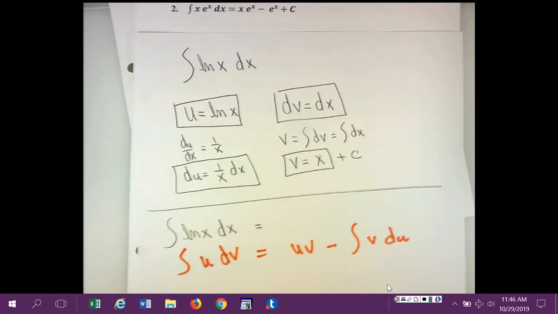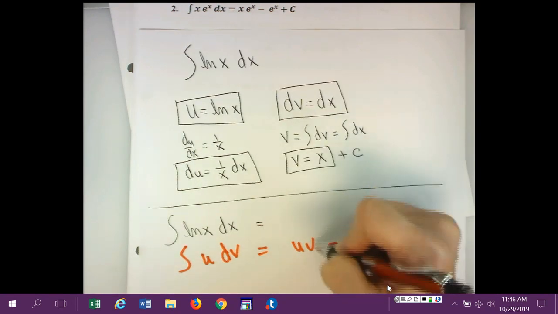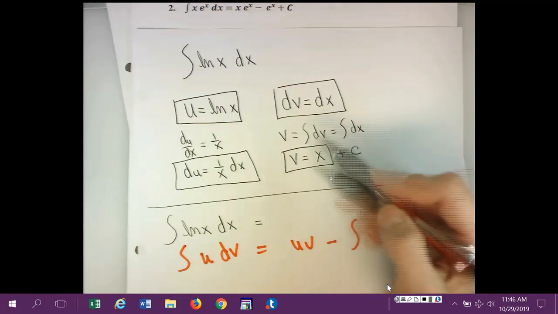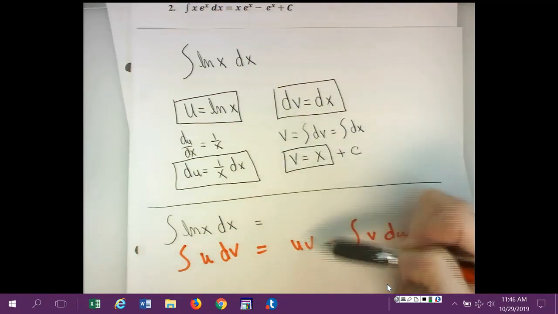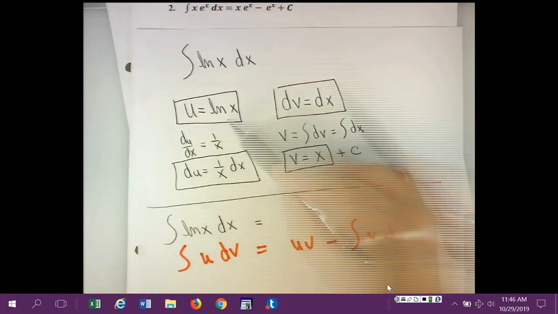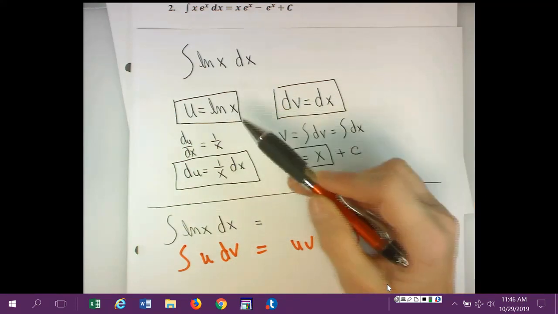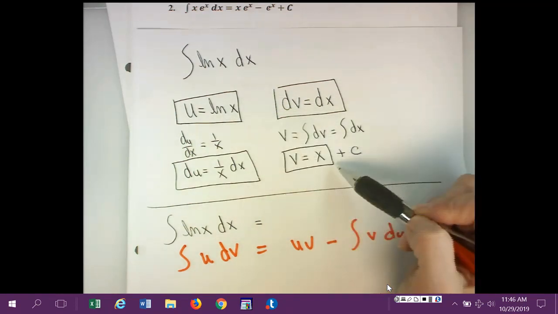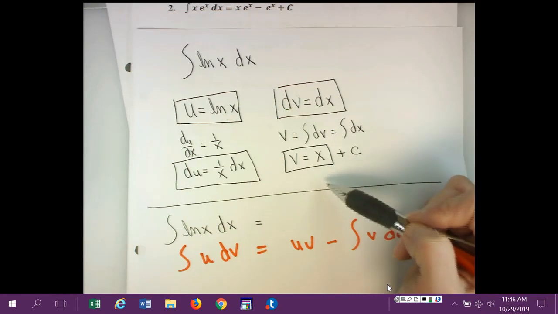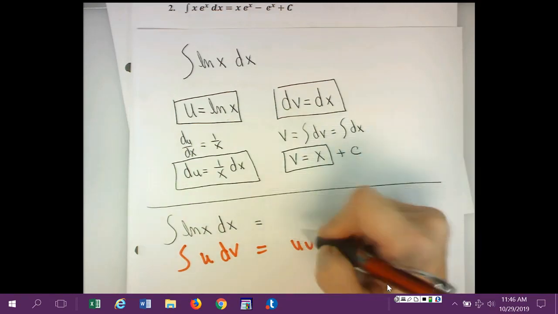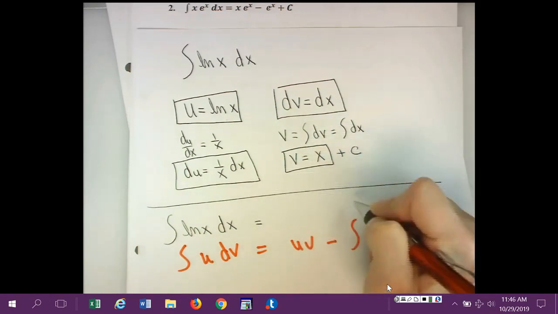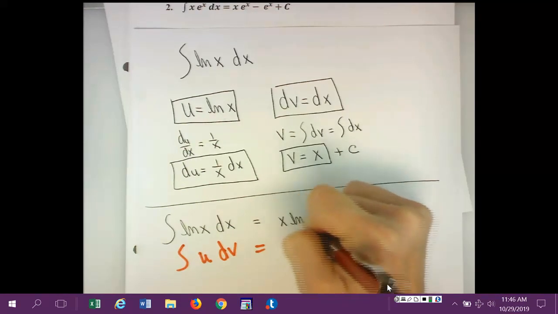U times v, or v times u. You have u as natural log x and v is x. You're not going to see it written as natural log of x times x unless you have parentheses around it. You would want to write it actually as v times u. It looks better.